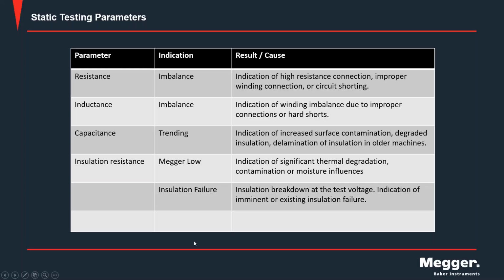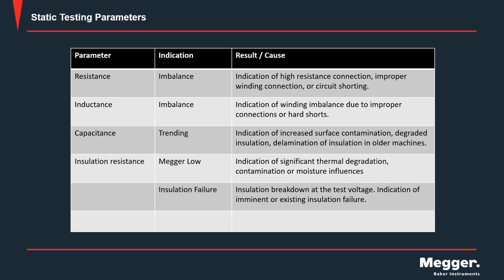So here's the testing parameters at a high level view. Resistance, we're going to be looking at imbalance, which would indicate a high resistive connection, or we have improper winding connection internally. It could be short circuiting. If it's a hard short, we'll see a resistive imbalance. Inductance, again, follows kind of what resistance does, and is only performed by the DX.